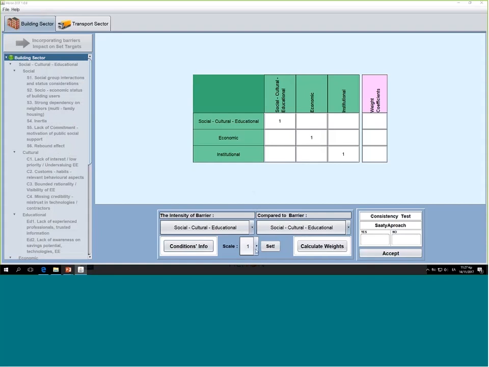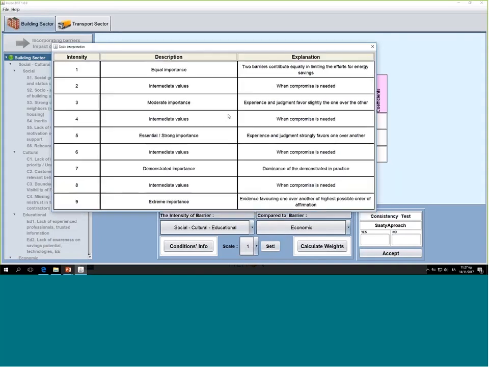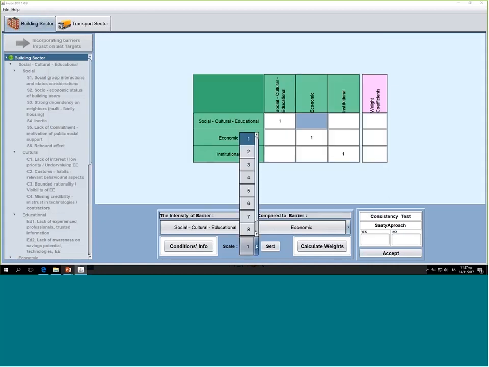Once we do that, we will set a number in this cell from this scale. If we're not sure what these numbers represent, the software has here the information about the scale, so we can choose whatever suits us better in order to represent the importance that one main group has over the other.